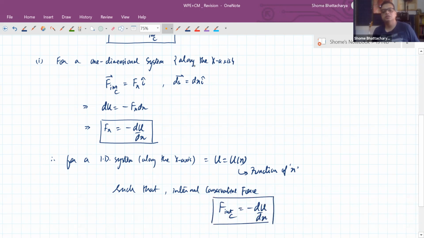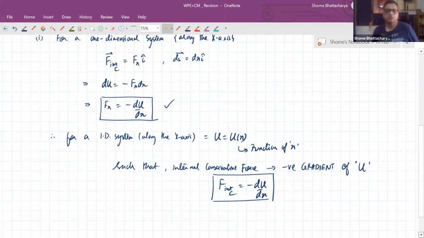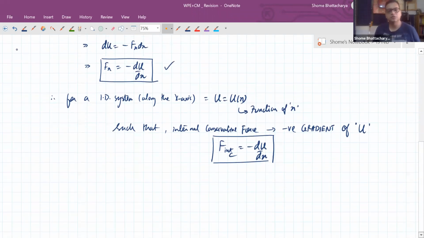This relation is written like this: the negative one-dimensional gradient, that is d by dx, of the potential energy function. This is what we take away from the above relation. The equation below is like the inverse of the above equation, that dU is equal to minus F dot ds. Okay.